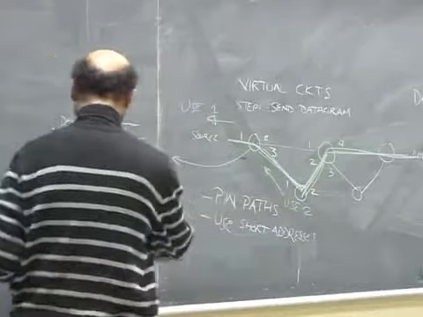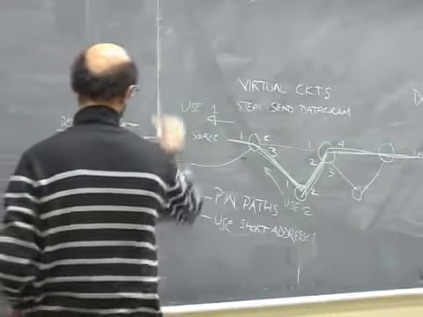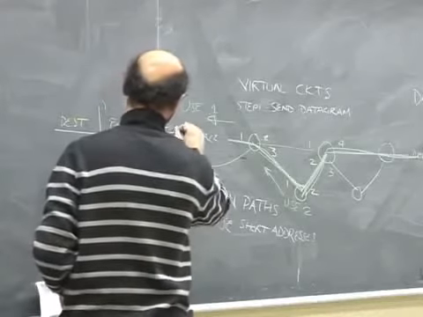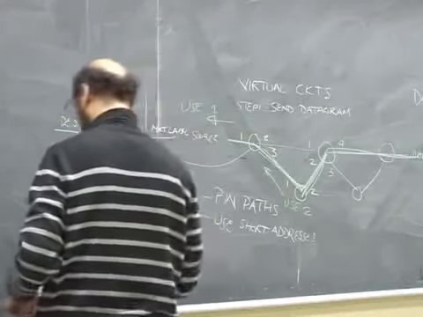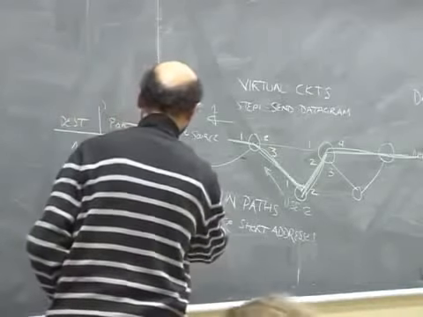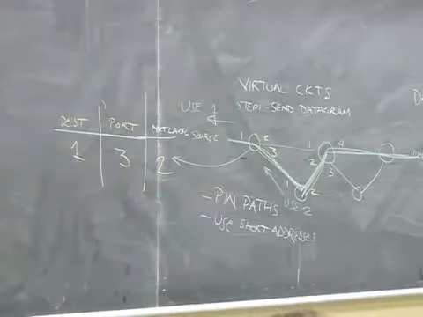Okay? So what does it do? This table actually has one more entry in it. And the next label is going to be, in this case, 2. Okay? So that's all I really need to tell you.